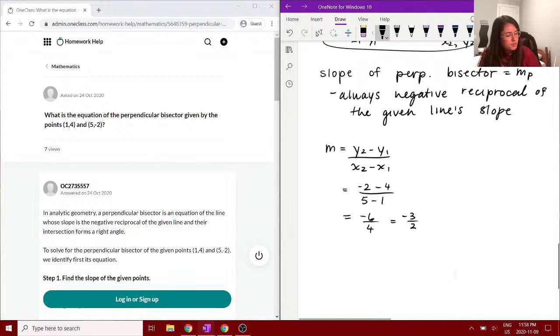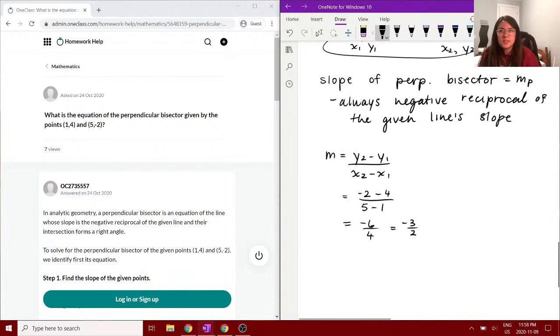Okay, so remember it says here for MP, or the slope of the perpendicular bisector, what we want is the negative reciprocal. So negative, we know what that means. Reciprocal is flipped. So the negative reciprocal of the given line slope, which we just found out up here, right?